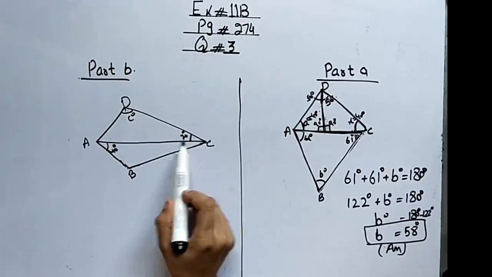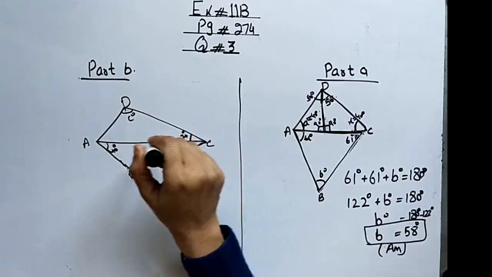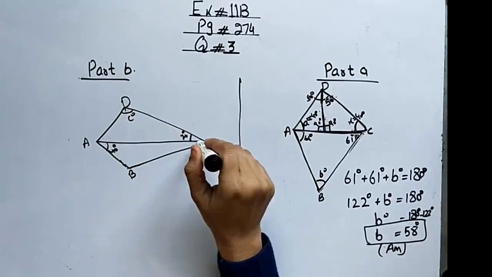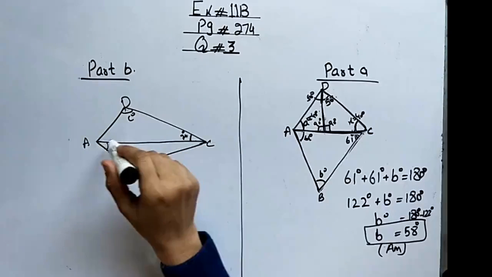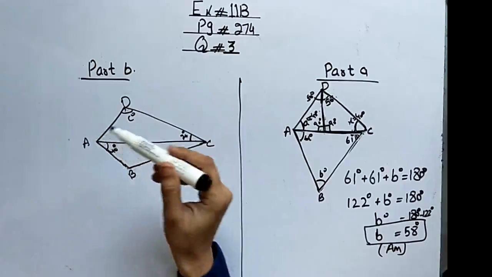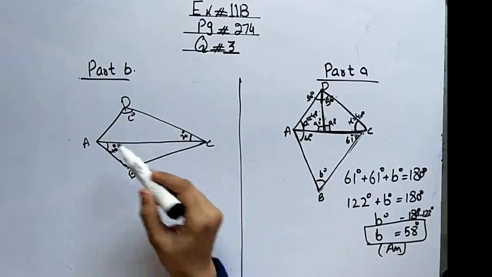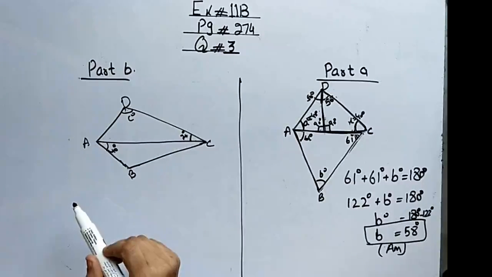Keep in mind that in a kite shape, look here, this line is a diagonal line, or you can say this is a bisecting line. Bisect means the angle will be divided into two equal parts.